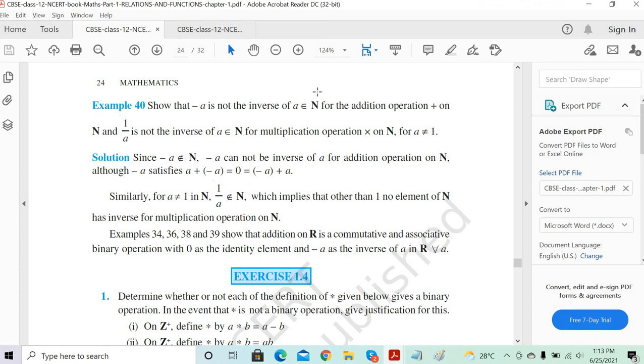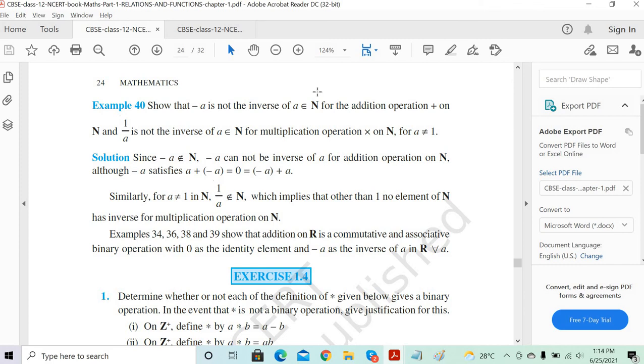Now, a into b should be equal to 1, and b into a should also be equal to 1. So basically b is the inverse of a. So b will be equal to 1 by a. But 1 by a, the reciprocal number, is not part of the natural numbers, so that's also not possible. Understood, right?